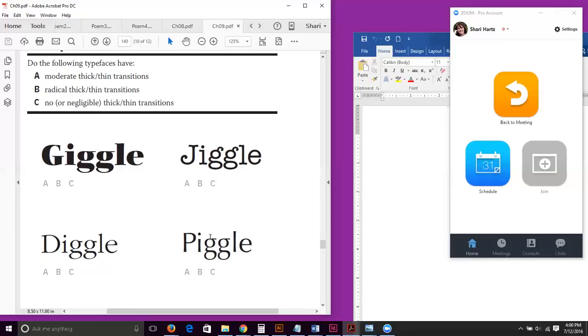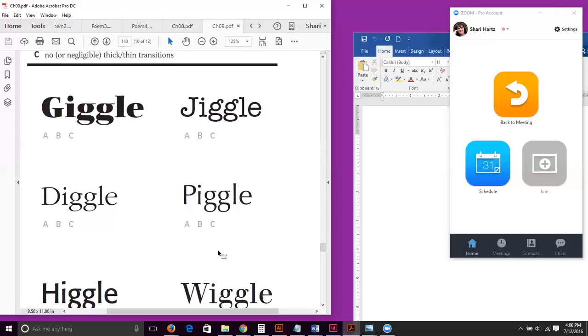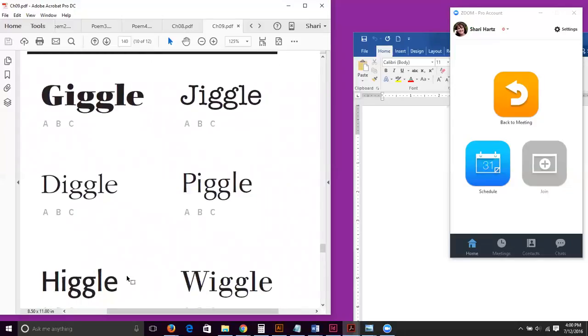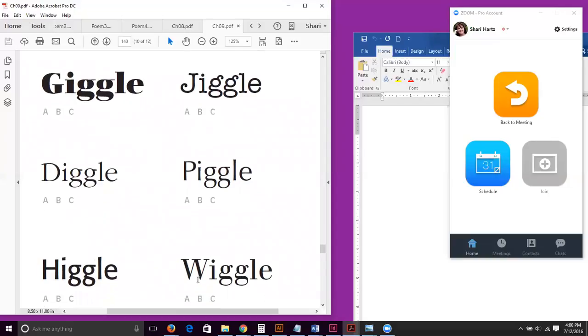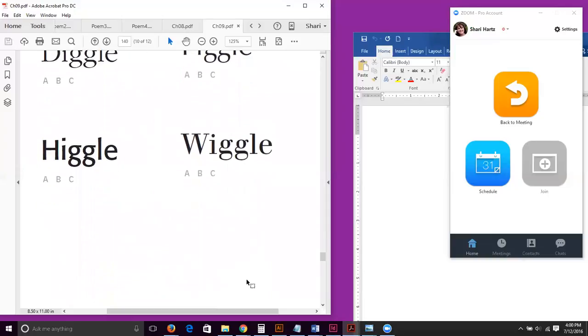There's a tiny bit, but not that much. I see a little bit up here at the top of the G's and the top of the P here. A little bit on the E. It's just not very big. How about Hegel? Hegel looks rather uniform throughout. It's just bold. How about Wiggle? Drastic changes. So then that one's a thick and thin thing going on there.